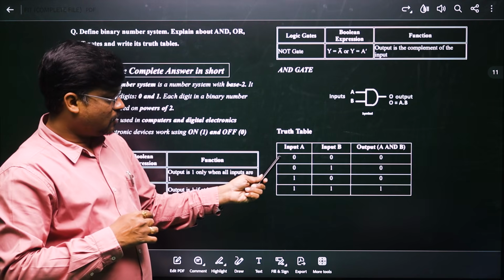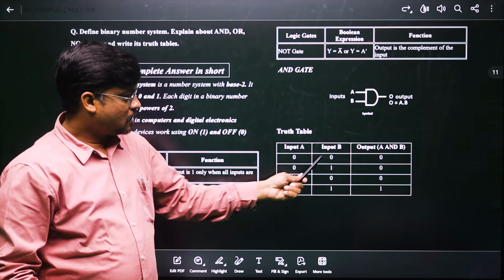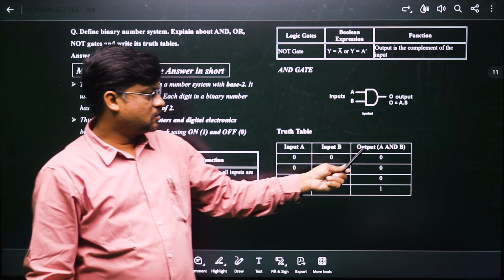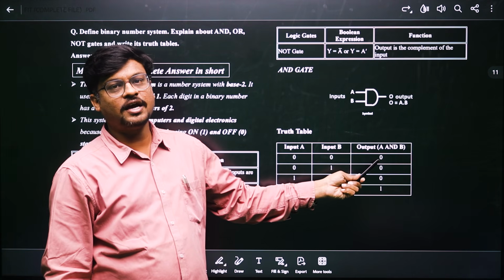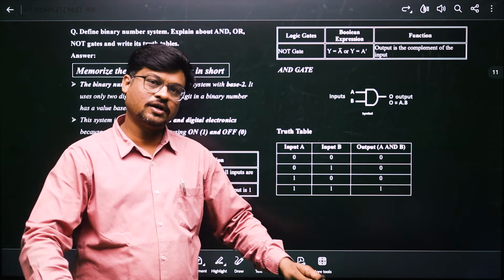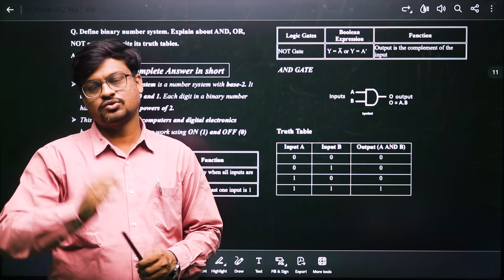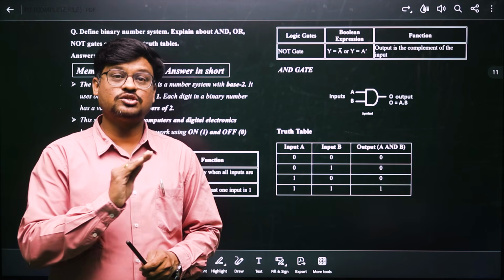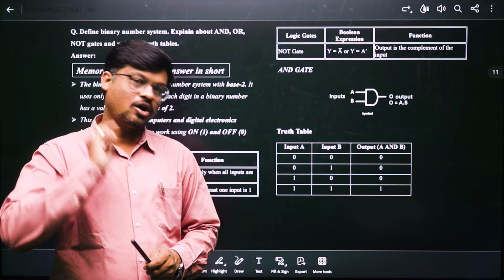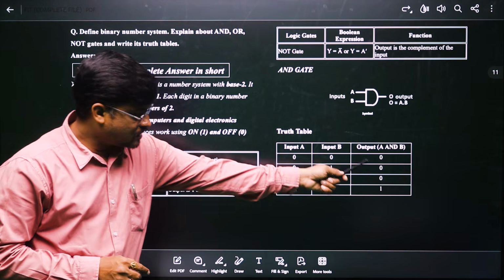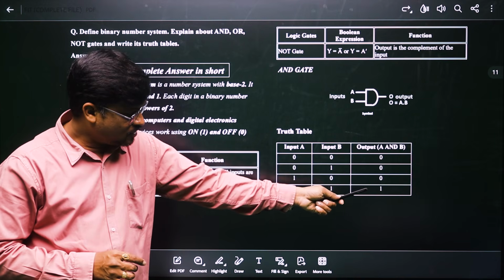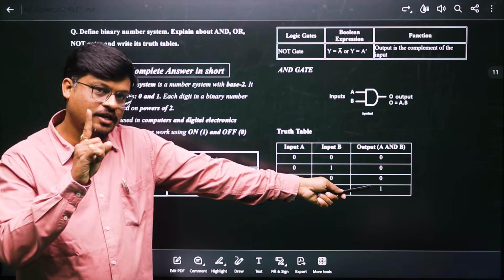Look at this. If your input A is false, input B is false, your output of A and B is also false. Typically 0 represents false, 1 represents true. Typically 0 represents off, 1 represents on. Now look at the last column, the output column. There is only one case of true.